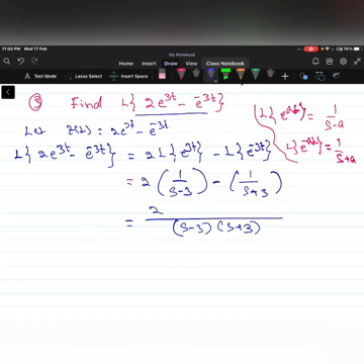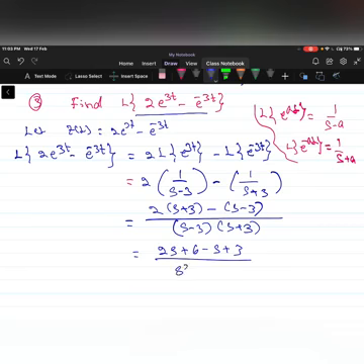So then 2 into s plus 3 we can write, minus 1 times s minus 3. So this can be written as 2s plus 6 minus s plus 3 by s square minus 9. So this can be written as s plus 9 by s square minus 9.